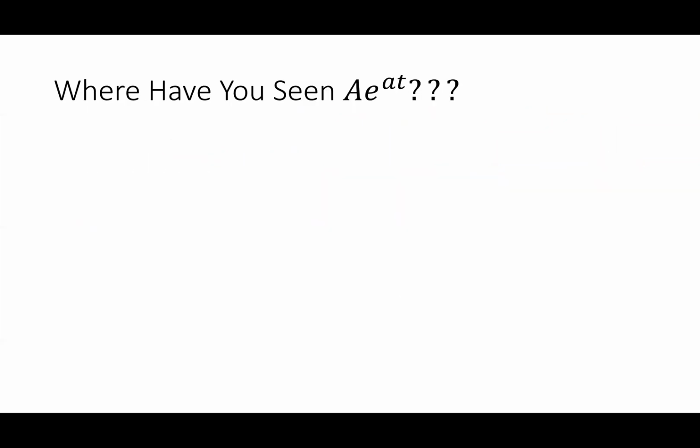Now we covered a lot of ground here today, but where have you seen e to the something t before? Previously, at the very beginning, you started saying some crazy stuff about complex numbers, right? E to the AT, you've seen basically that e to the j omega t.